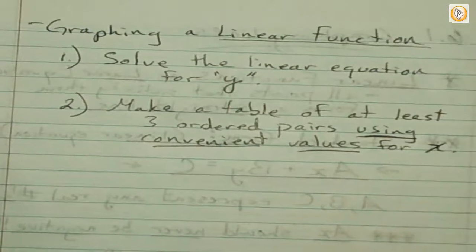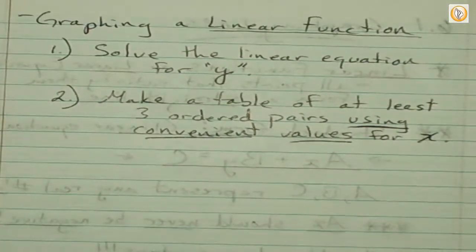We're assuming we haven't learned slope yet, boys and girls. So if they give you an equation, you have to solve it for y first. Have y equals everything else.